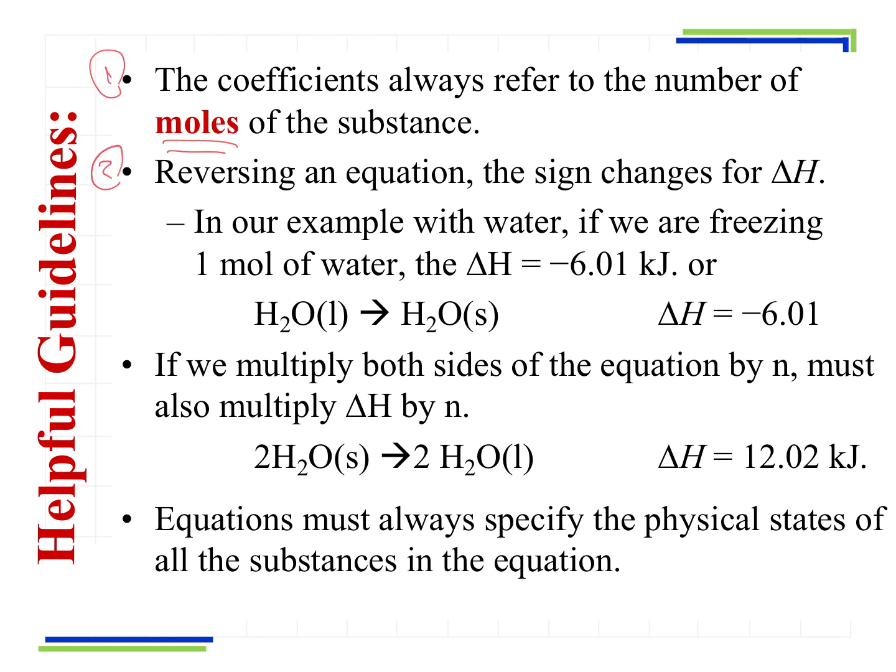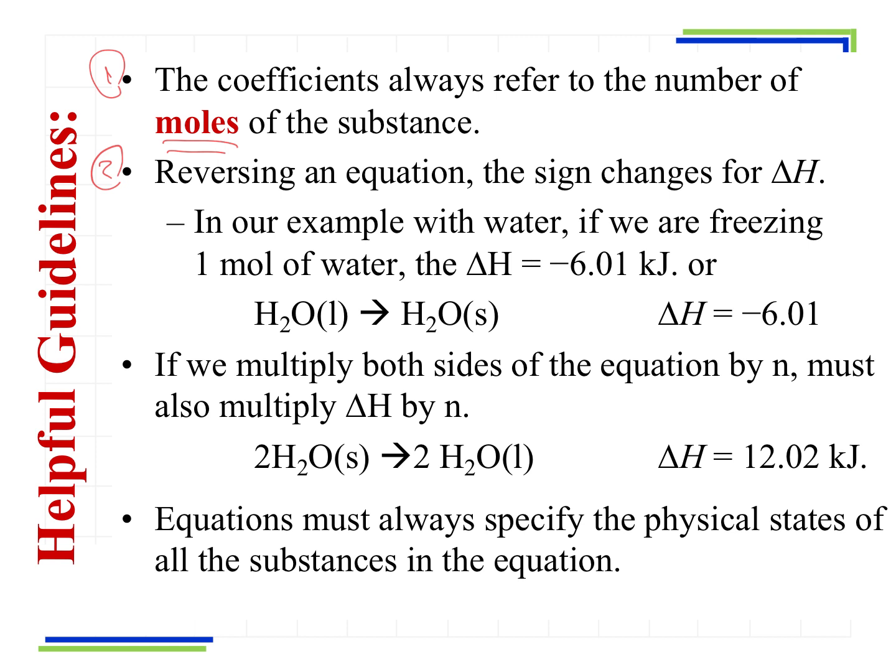The second one, reversing an equation. When you reverse an equation, the sign of delta H changes. For example, in our water example, we had H2O solid to H2O liquid, and delta H of positive 6.01 kilojoules.